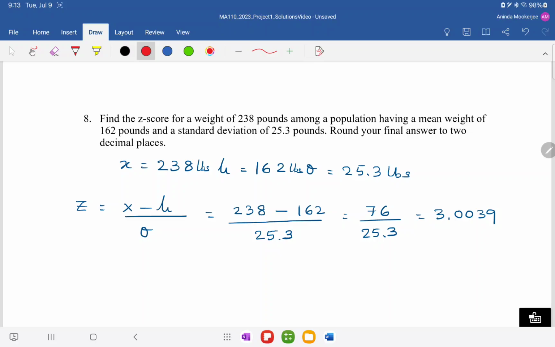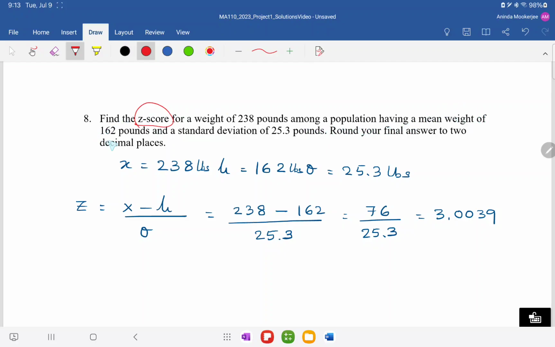That means how many units a certain value is from the mean in unit standard deviation, so to speak. The z-score is also referred to as the standard score because it standardizes the deviations.